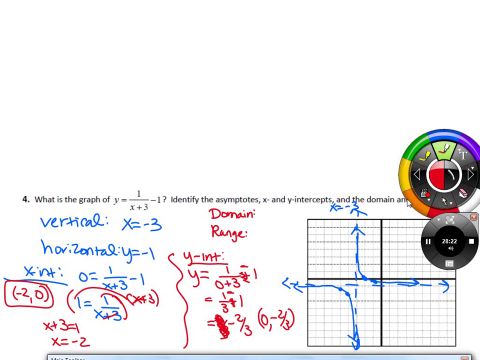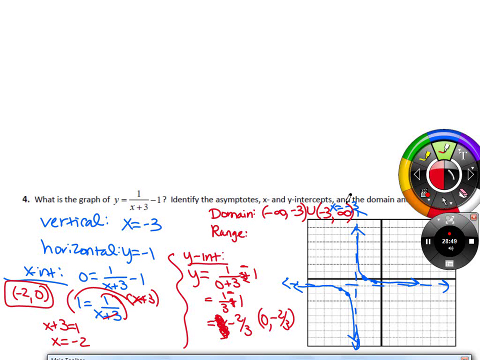So you either say all real numbers except for negative 3, or you say x cannot equal negative 3. If you do it in interval notation, you basically have to write out intervals that just leave out negative 3. So you would say from negative infinity, so x can be anything from forever small, up to negative 3. Am I including negative 3? No. And then that goes with negative 3 to positive infinity.